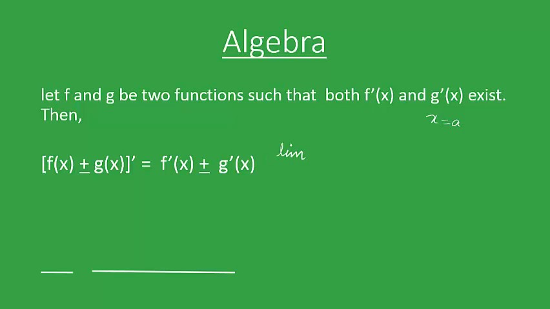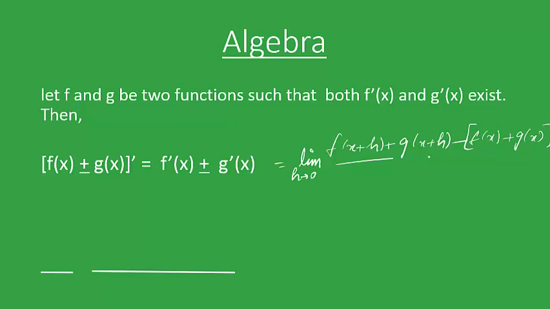The definition of this particular thing will be limit as h tends to 0 of f of x plus h plus g of x plus h minus f(x) plus g(x) upon h.